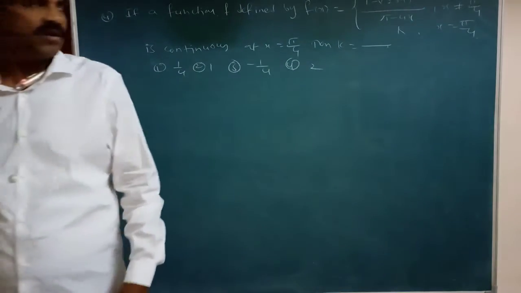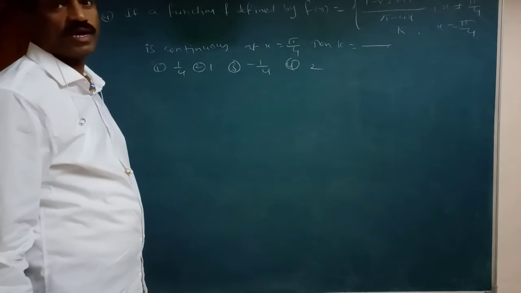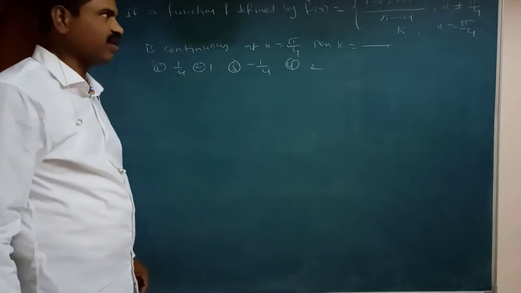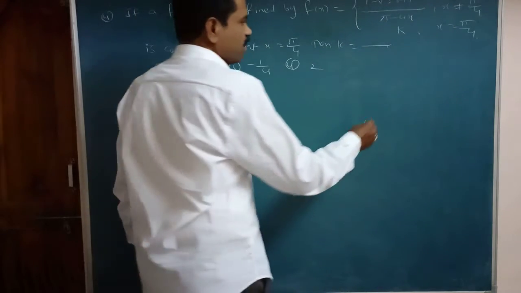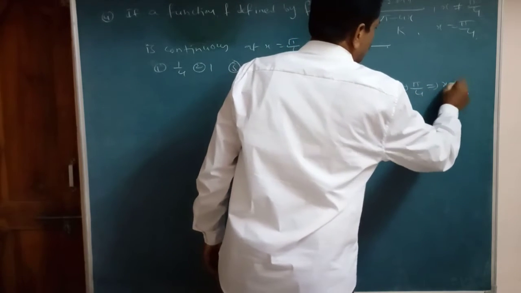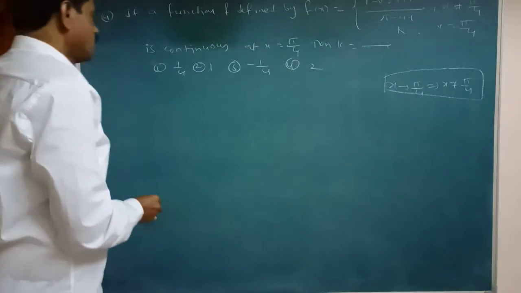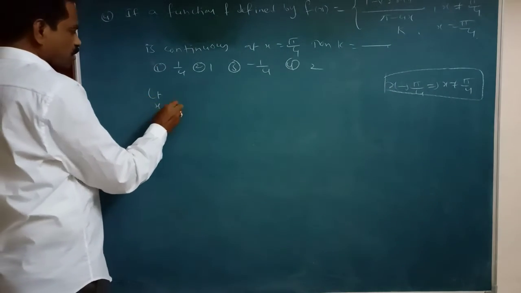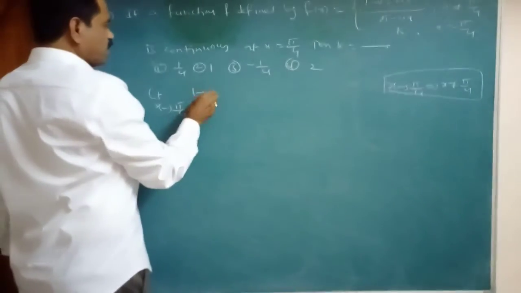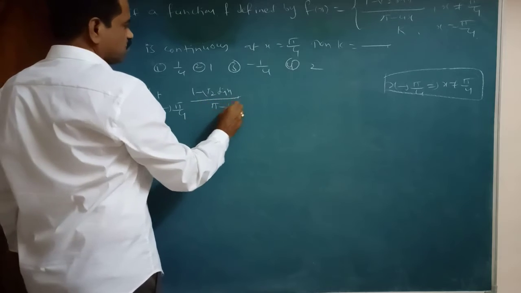We know that f is continuous at pi by 4. Continuous means limit x tends to a, f of x equal to f of a. Here x tends to pi by 4 means x not equal to pi by 4. Now limit x tends to pi by 4, here x not equal to pi by 4, the function is (1 minus root 2 sin x) by (5 minus 4x).